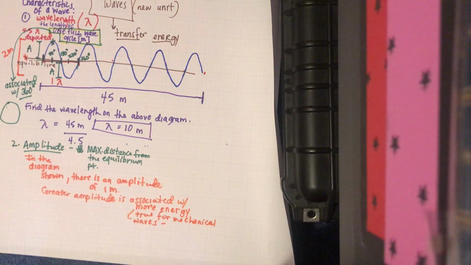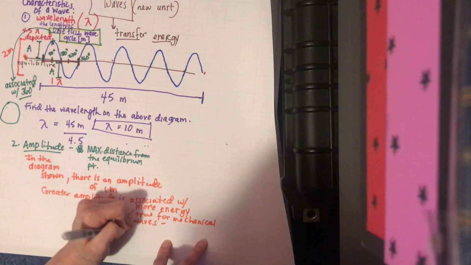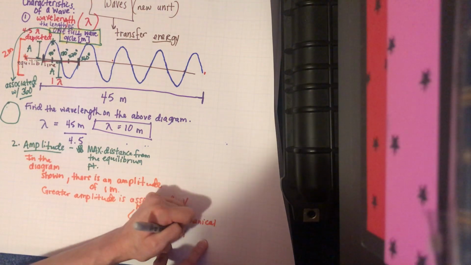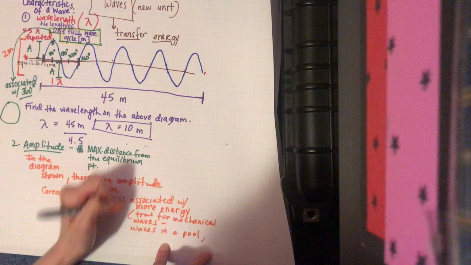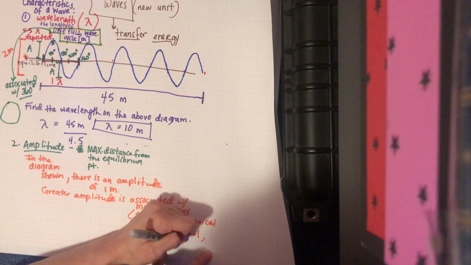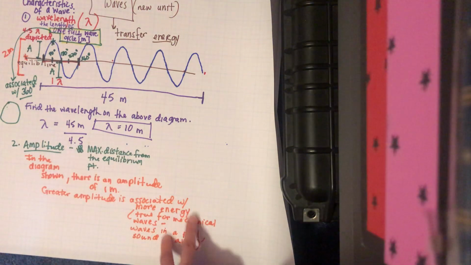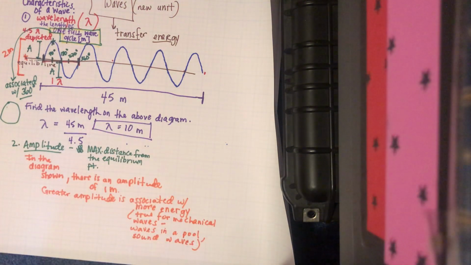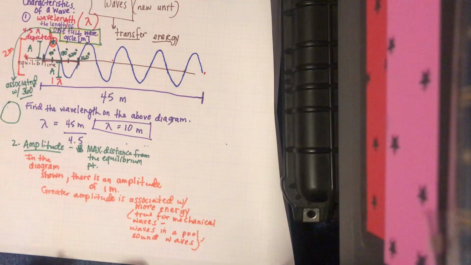For example, if you were to make waves in a pool, that's a mechanical wave, but also sound waves. We'll talk more about those a little later. This isn't going to be so true for electromagnetic waves, but we will come back to that in a little bit.